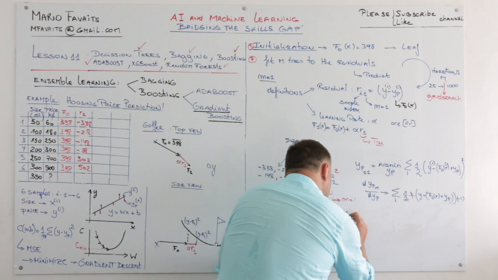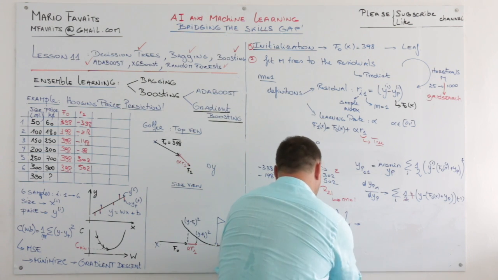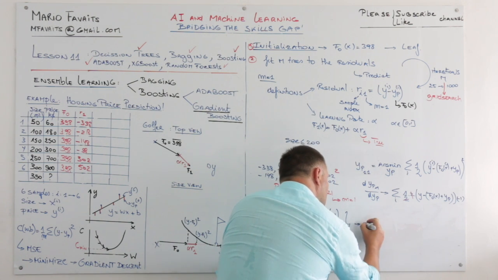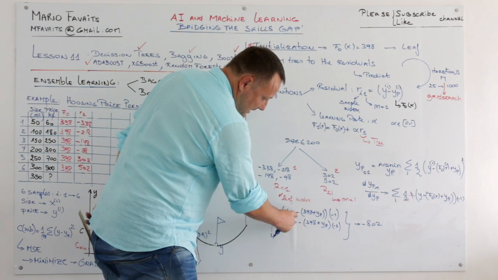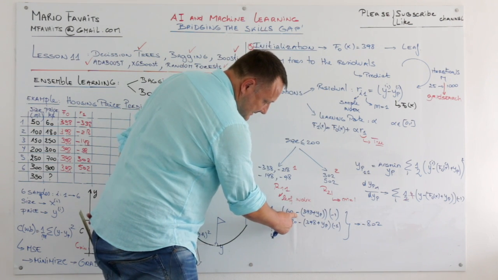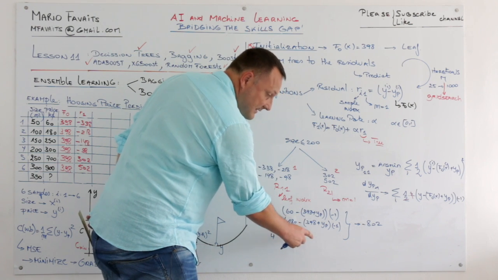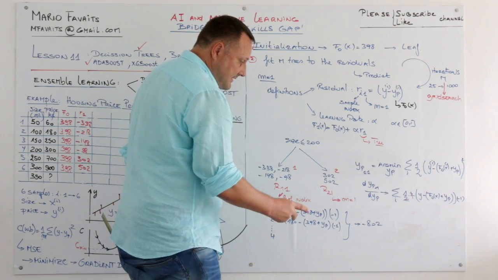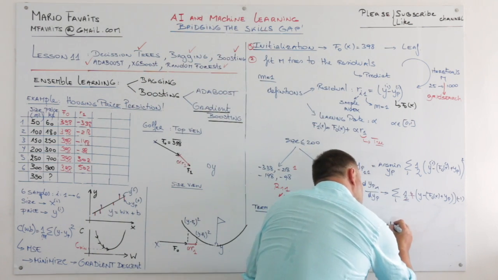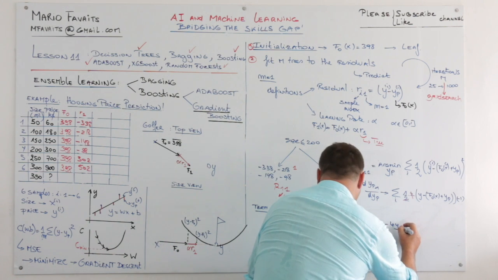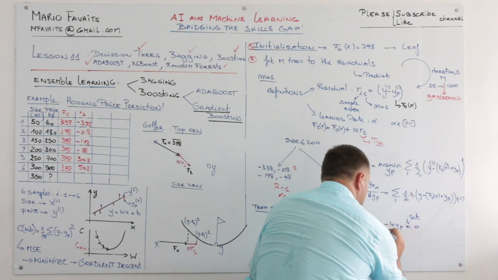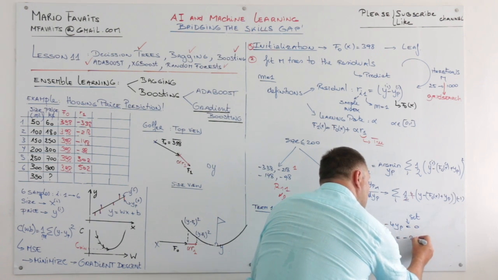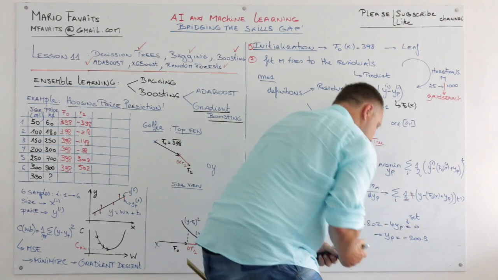So here we have minus 802, and then I have minus y-predict, and this 4 times is minus 4 y-predict. And this we're going to set to 0. And so y-predict equals minus 200.5.